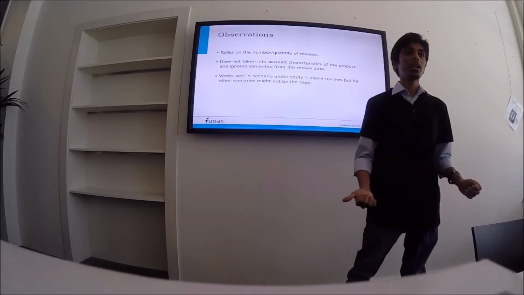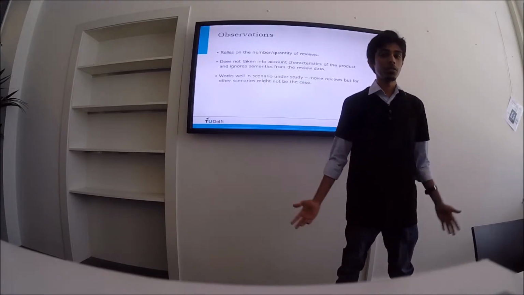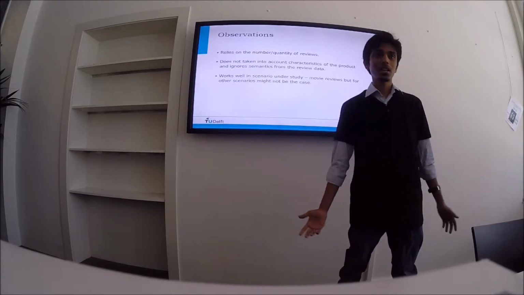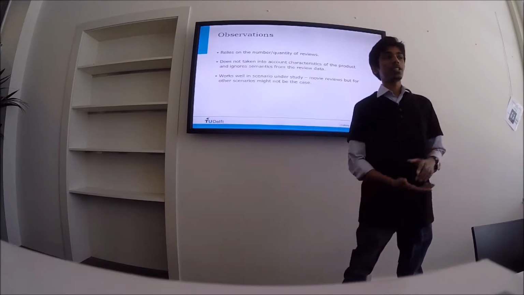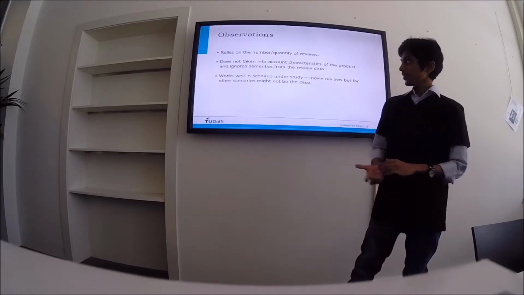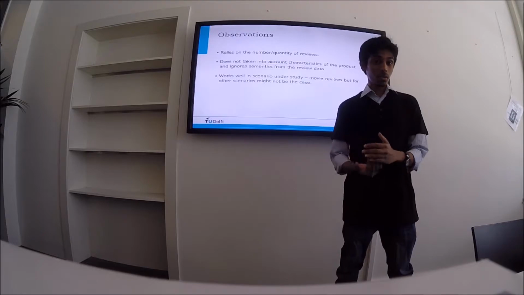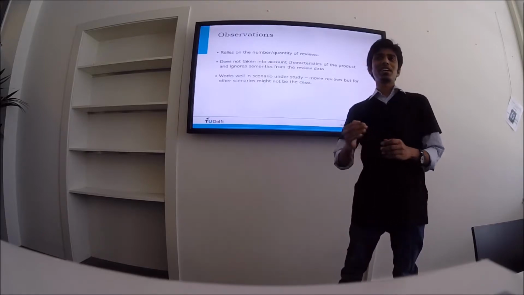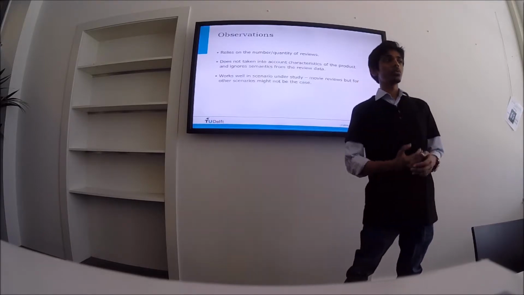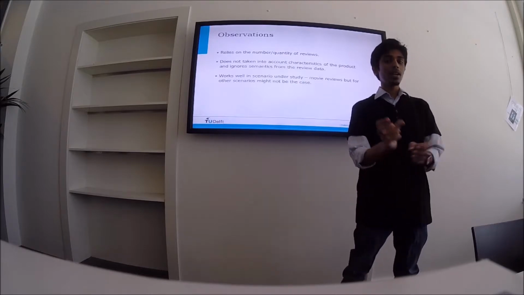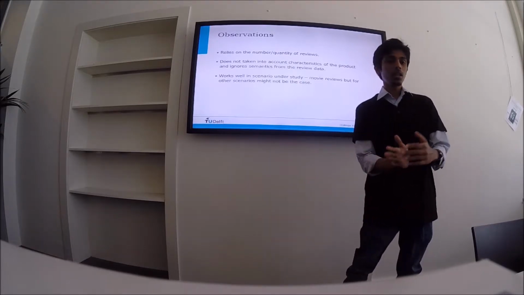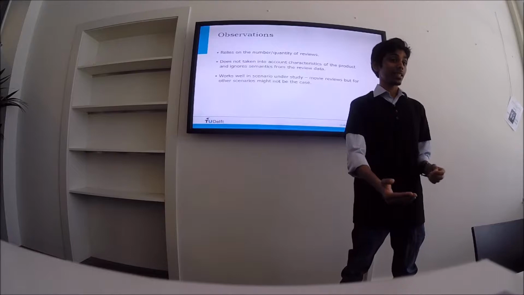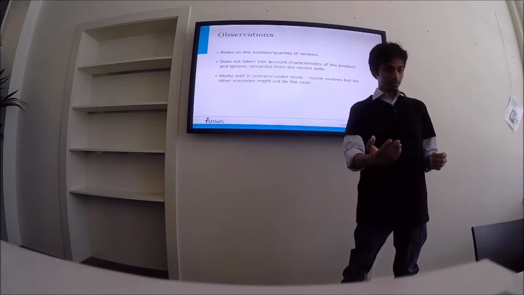So, observations for the predictive model. Well, the predictive model entirely relies on the number of reviews. So the more reviews there are, the better recommendations we would receive. The other thing about the predictive model is that it doesn't go deeper into gaining aspects about the product, just like I said, the Dell battery thing.